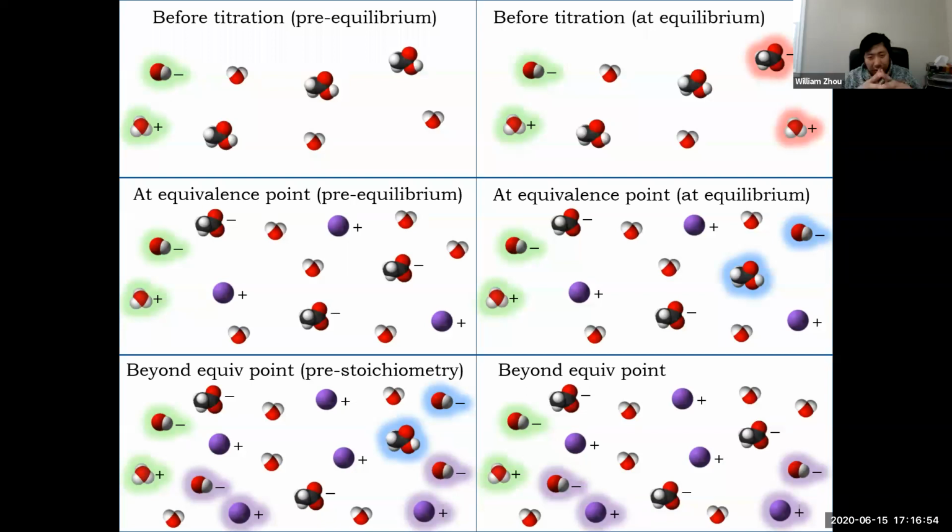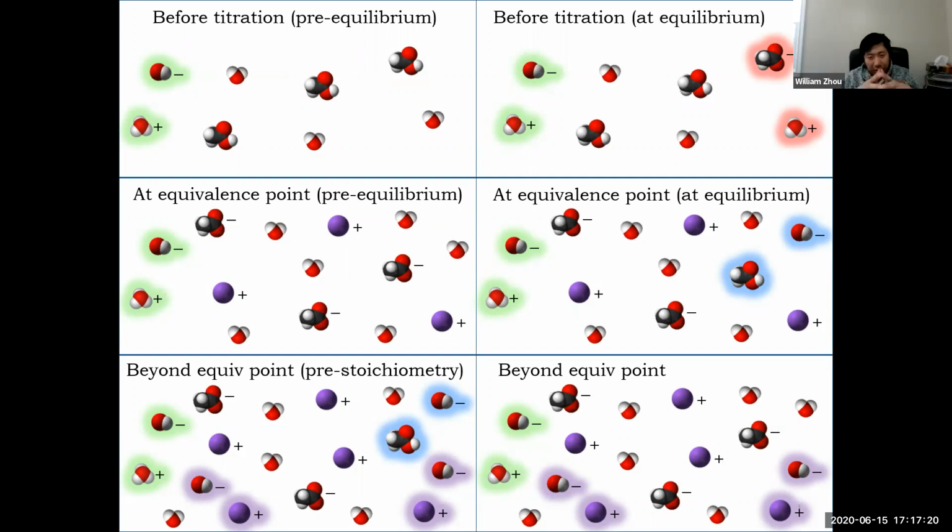Finally, beyond the equivalence point, when you dump in too much base, let's consider what happens. In the bottom row on the left side, you added way too many sodium hydroxide molecules, so that now exceeds the acid. All right, the equilibria are still there.